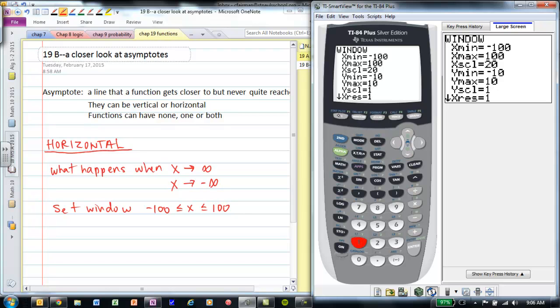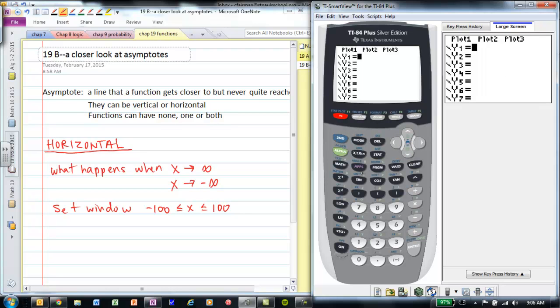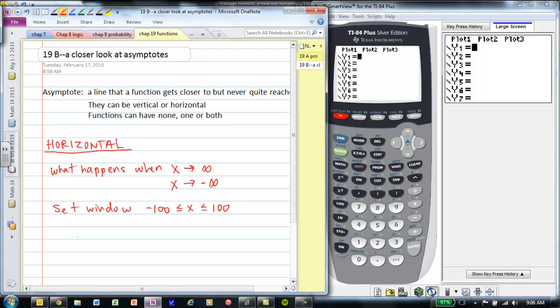Alright, so now I'm going to go to my y equals, and I'm going to use this equation to start with: y equals 3 plus 1 over x minus 1.